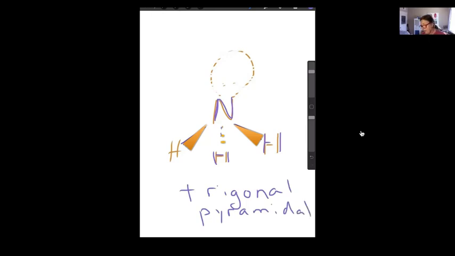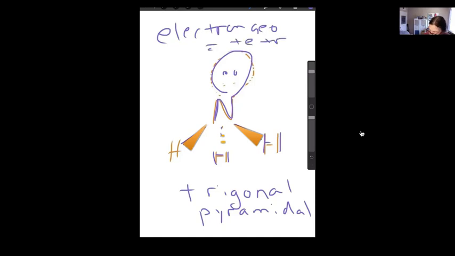So that's the molecular geometry. When you include the non-bonding pairs and get a tetrahedron, that would be the electron geometry. So the electron geometry equals tetrahedron. But the molecular geometry equals trigonal pyramidal.